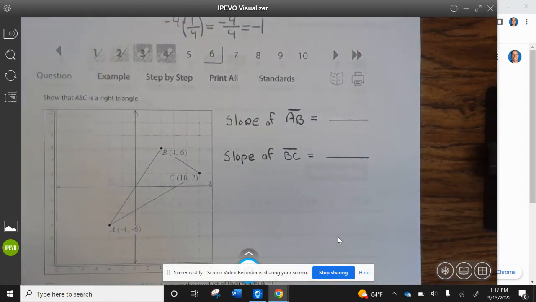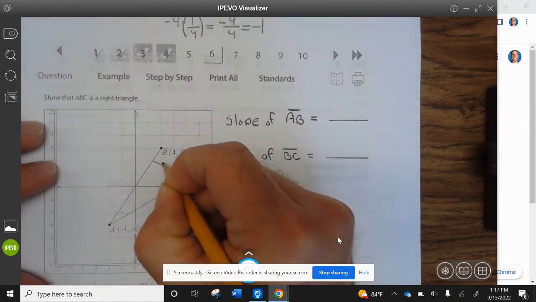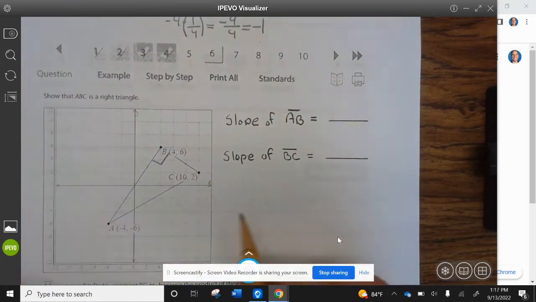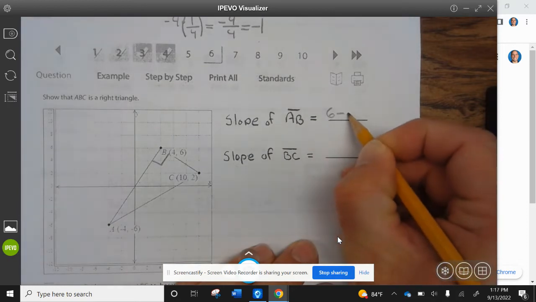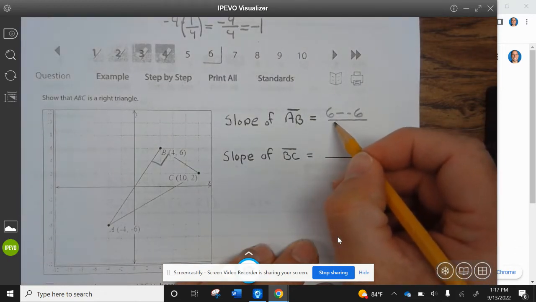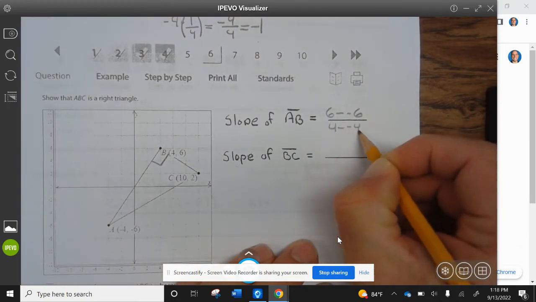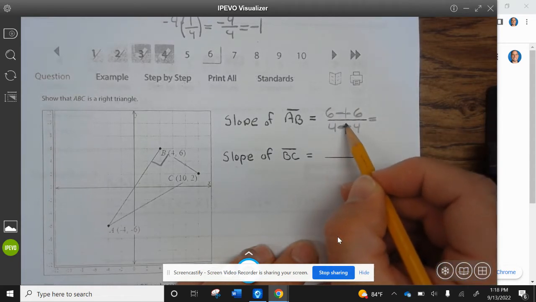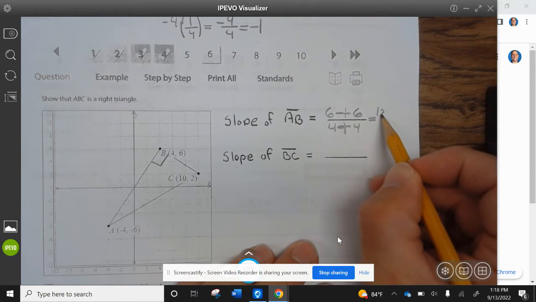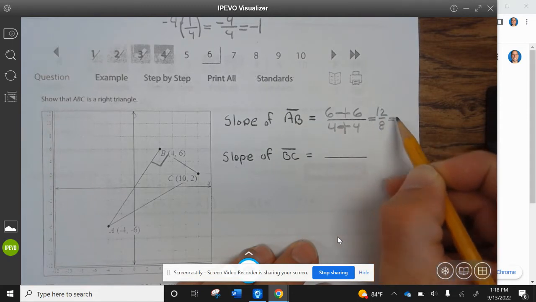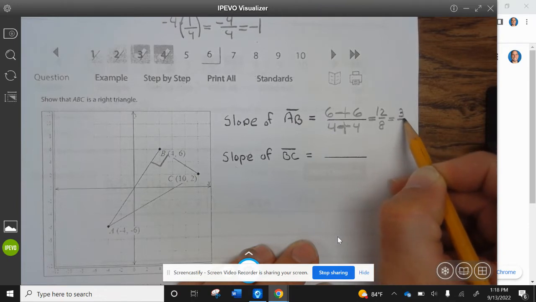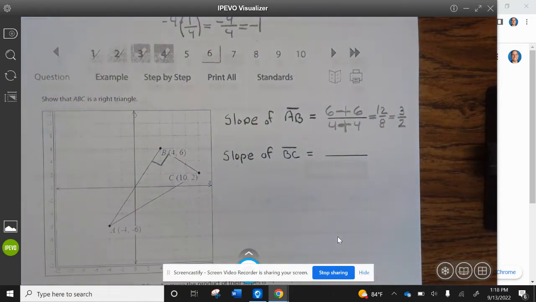Show that ABC is a right triangle. If it's a right triangle, this angle right here is 90 degrees, meaning these two lines are perpendicular. So we need to find the slope. So we do 6 minus -6 divided by 4 minus -4. Well, when you subtract a negative, it becomes plus. So that's 12 divided by 8, which equals 3/2.